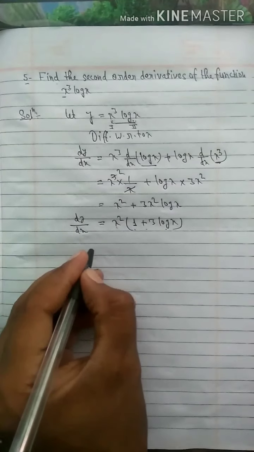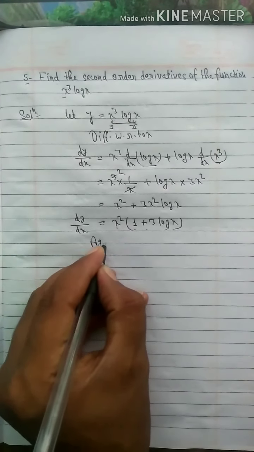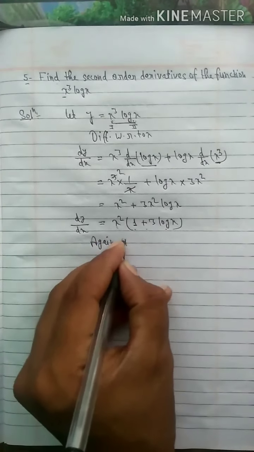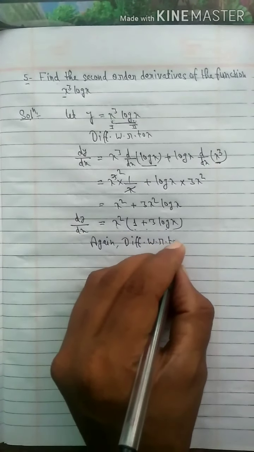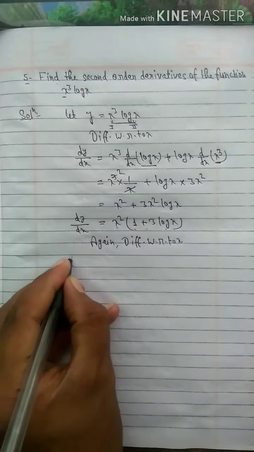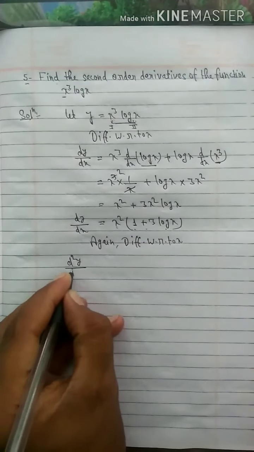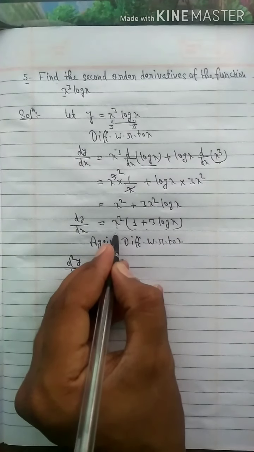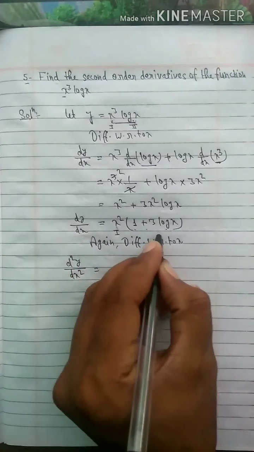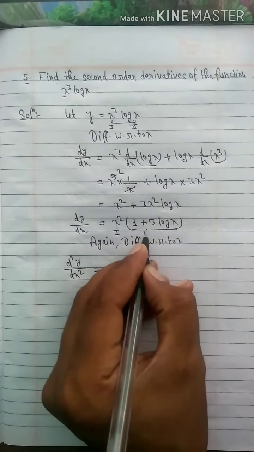Now we have to find the second derivative. So again differentiating with respect to x. So d2y by dx2 equal to, and see here the function is again this first function and this is the second function.